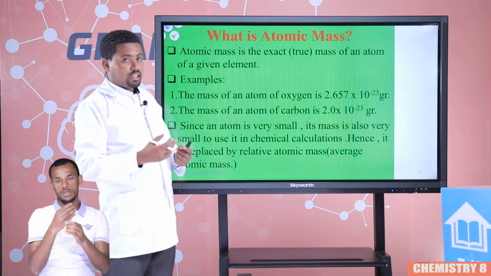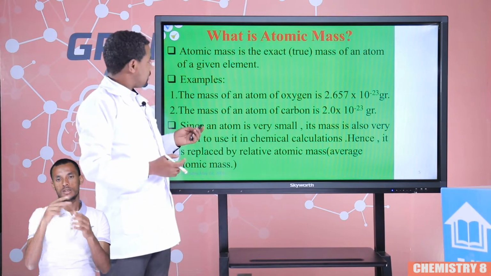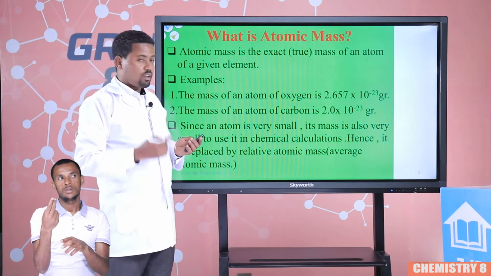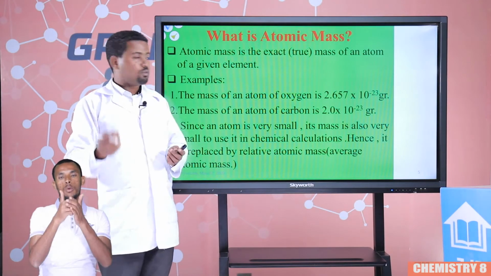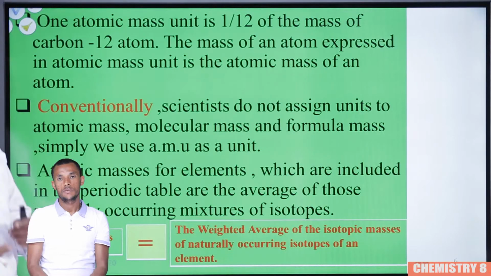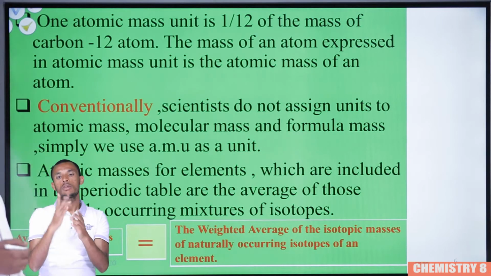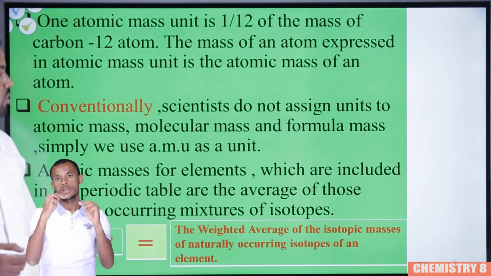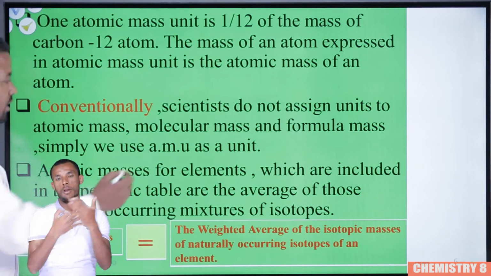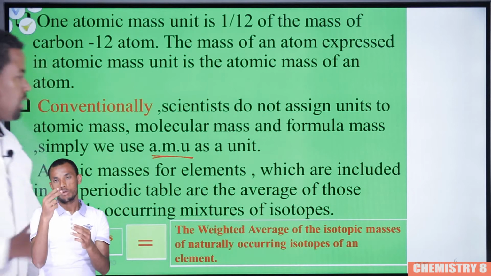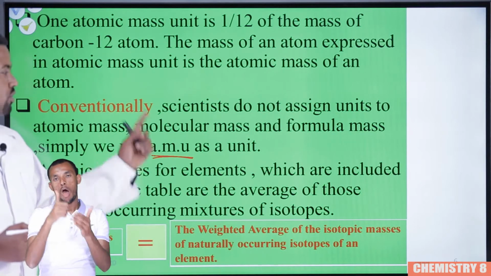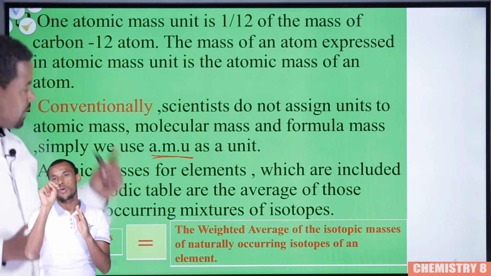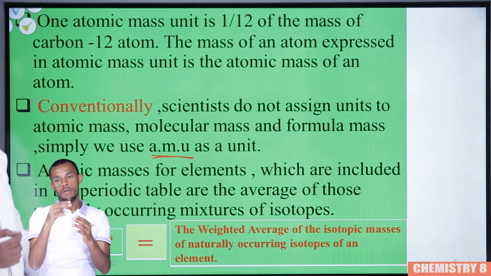So having this difficulty into consideration, scientists agree to use average atomic mass, or what you call the relative atomic mass. Conventionally, scientists do not assign units to atomic mass, molecular mass, and formula mass. Simply we use the term AMU to mean atomic mass unit, but they do not have an SI unit.